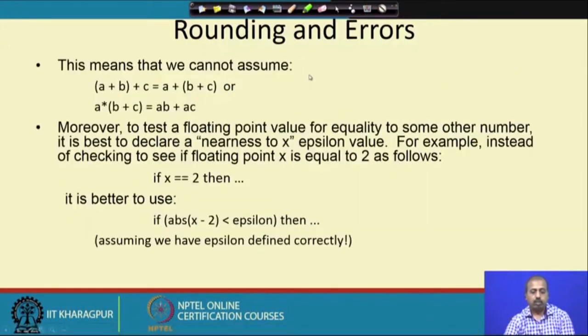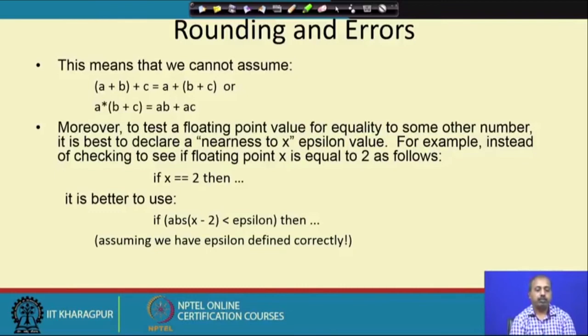So, for example, a plus b plus c: if you are doing a plus b first and then adding c with it, in another case you are doing b plus c first and then adding a with that. Or, a into b plus c is a b plus a c, as I was telling. For floating point numbers, we cannot assume this type of equality to always hold.